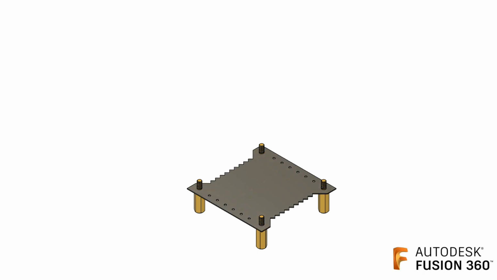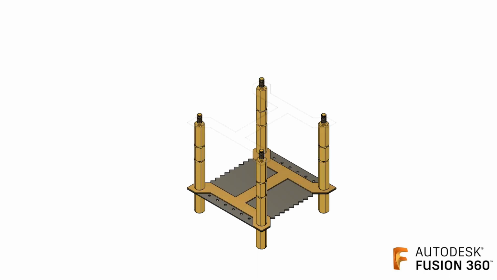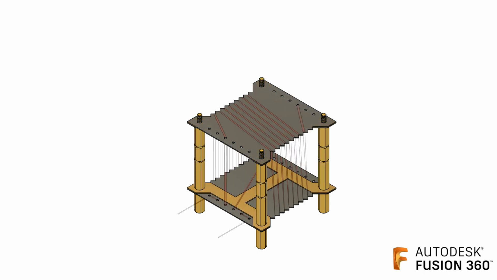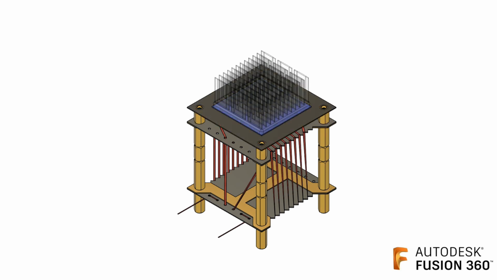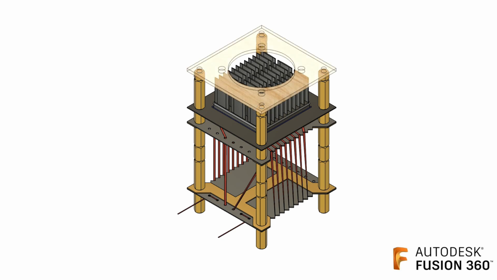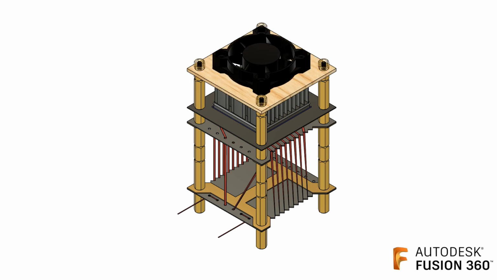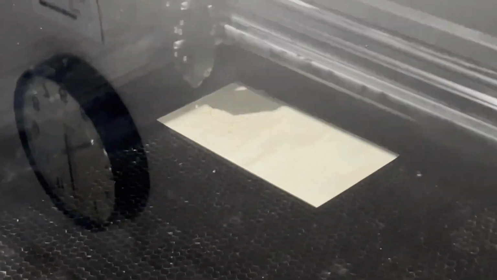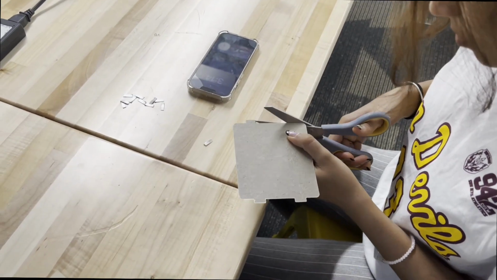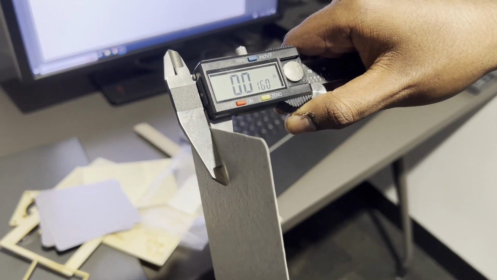Once the testbed design was finalized, we made a model in Fusion 360 to start our build. Back to the laser cutter. Mica sheets were also laser cut based on illustrated designs.